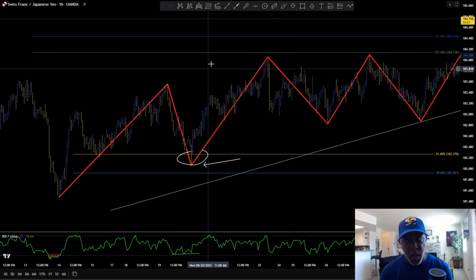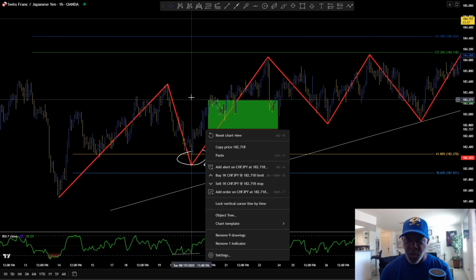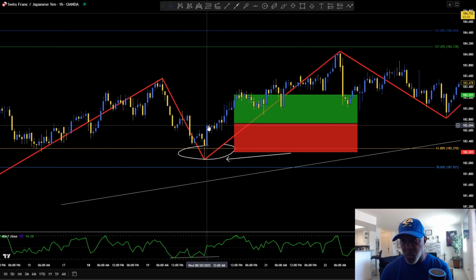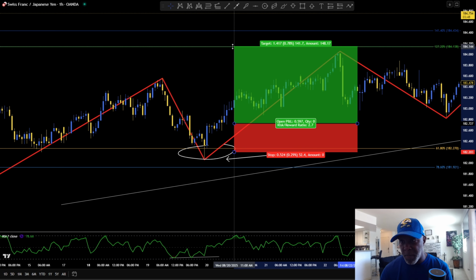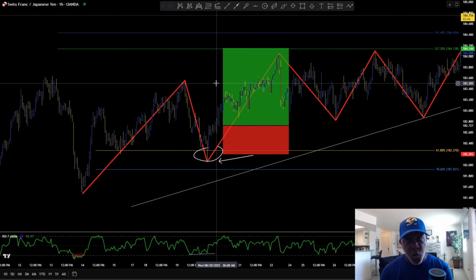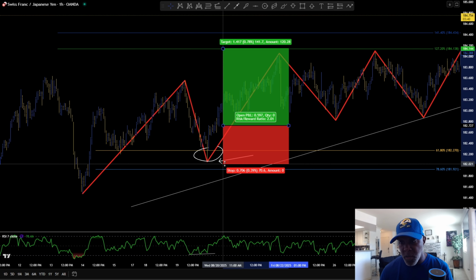This one's going to be kind of crazy because shockingly, we didn't make it. But hopefully the trader would have managed the trade. I'm going to grab the long short position, and I'm going to say we would have entered when this blue candle closed here, and we would have targeted the 127 extension. Now, again, this one did not reach it. It would have been a profitable trade that would have been at risk if the trader did not know how to manage it.